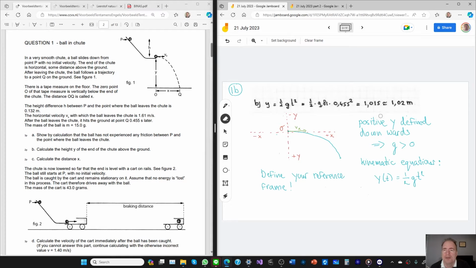So you just substitute the time in, and then you find 1.02 meters. Again, I'm not going to repeat it in the next question, but take care of the significant figures. All the input parameters are given with two significant figures. So your end answer, you also round, as they did here, to three significant figures.